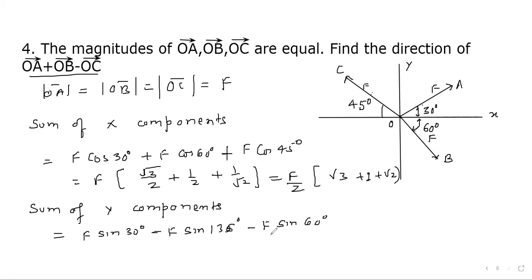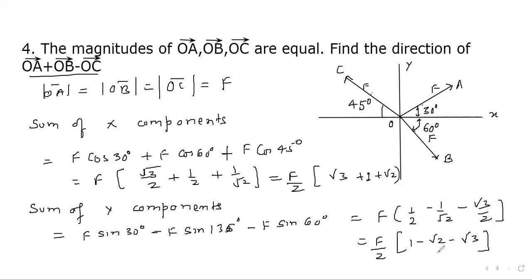So F times 1 upon 2 minus 1 upon root 2 minus root 3 upon 2. So this will become F by 2 times 1 minus root 2 minus root 3. So this is the sum of Y components, and this is the sum of X components.